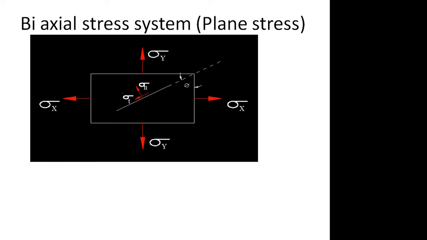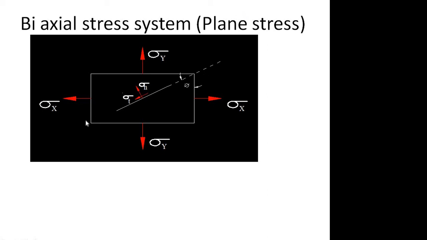For a plane stress system at different planes, what are the values of sigma n and sigma t? What is the value of normal stress and tangential stress? That is what we are going to show you. So now we have a two-dimensional stress system. Assume it is a plane stress system.